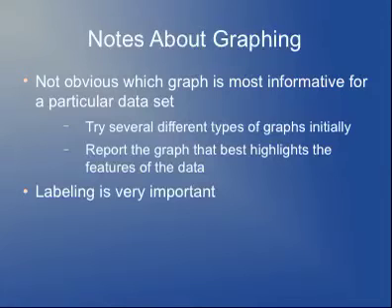I know I'm being somewhat pedantic with saying make sure you put an x-axis label and a y-axis label and so forth, but the reality is if you submit a paper to a journal and the reviewers can't figure out what your axis labels are, if you're lucky, they'll send it back to you and demand that you fix it. If you're unlucky, they'll just reject your paper outright. So I'm not trying to be an ogre here. Labeling your graphs is a very important part of sharing the results with others.